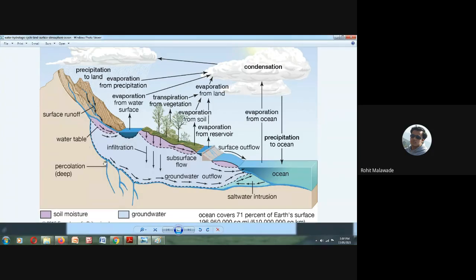So the groundwater is enriched with the salts and minerals present in the soil, and that is why it has some taste. Okay, so this is with regard to groundwater.